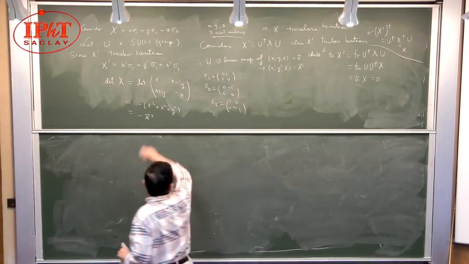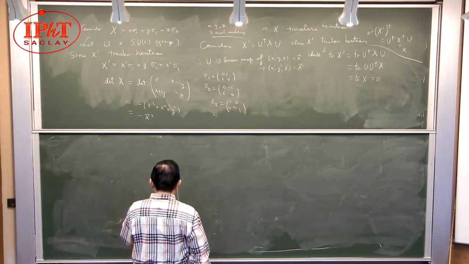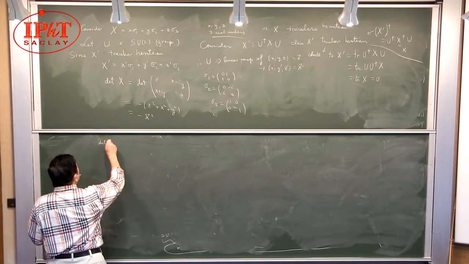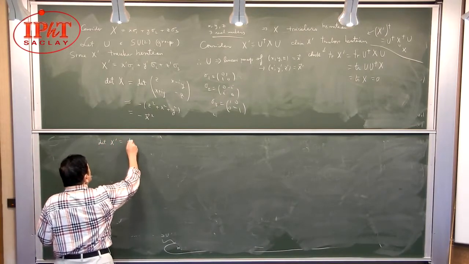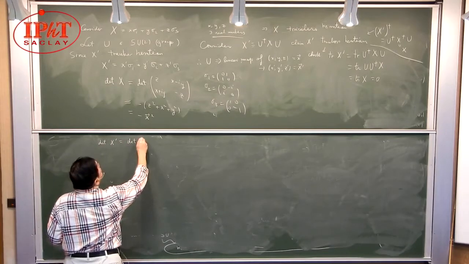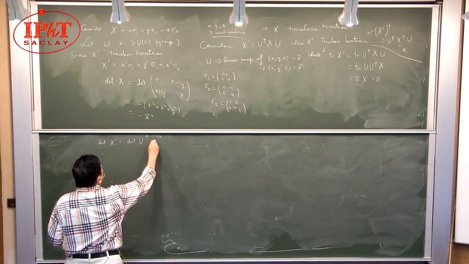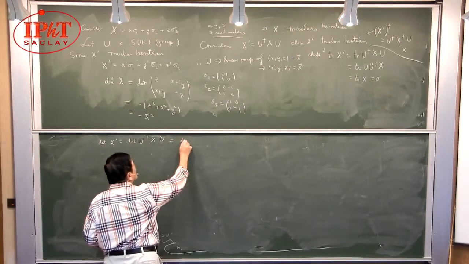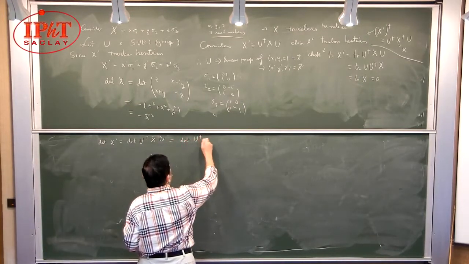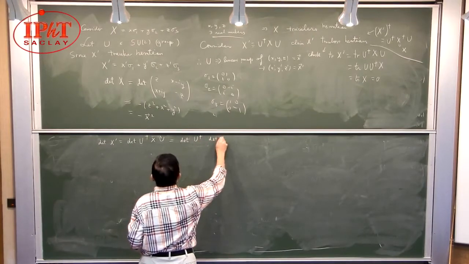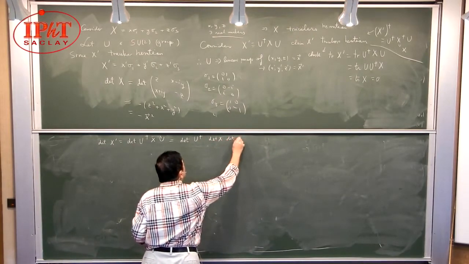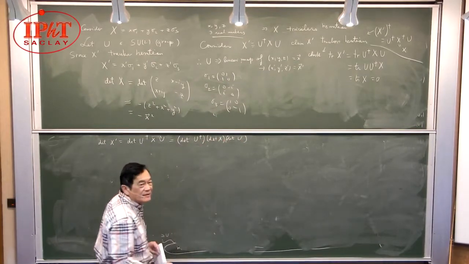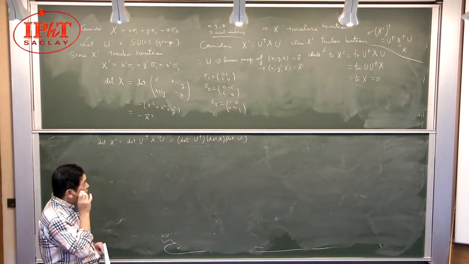Okay, so the determinant of X is minus X squared, but the determinant of X prime is determinant of U dagger X U. So you see that the determinant of the product is the product of the determinants. Again, for the students, if you don't remember this fact, you should try to prove it.